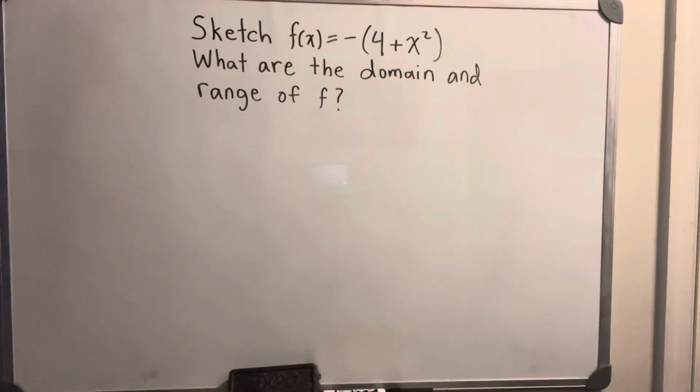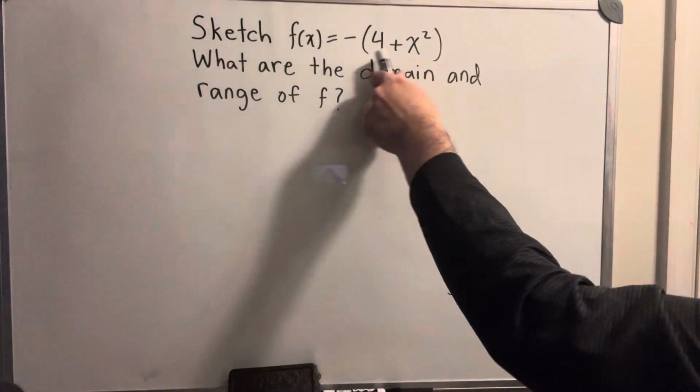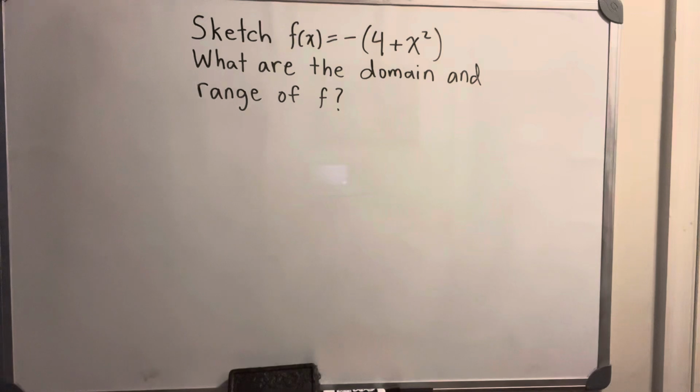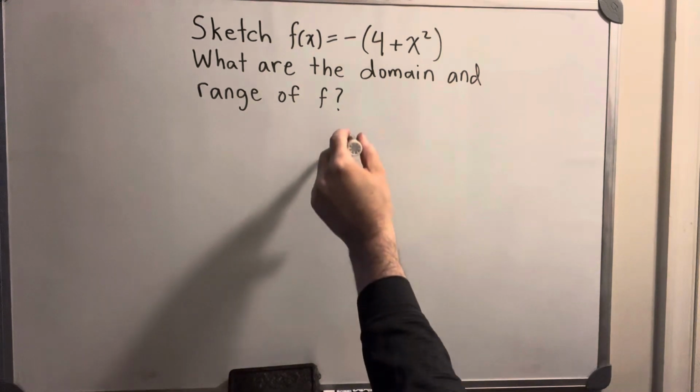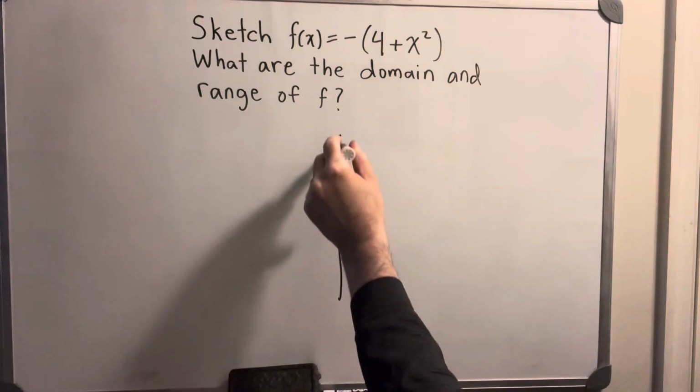This problem says sketch f of x equals negative 4 plus x squared. And then what are the domain and range of f? So the first thing to do is look at this function right here and think what function is it similar to that you know.